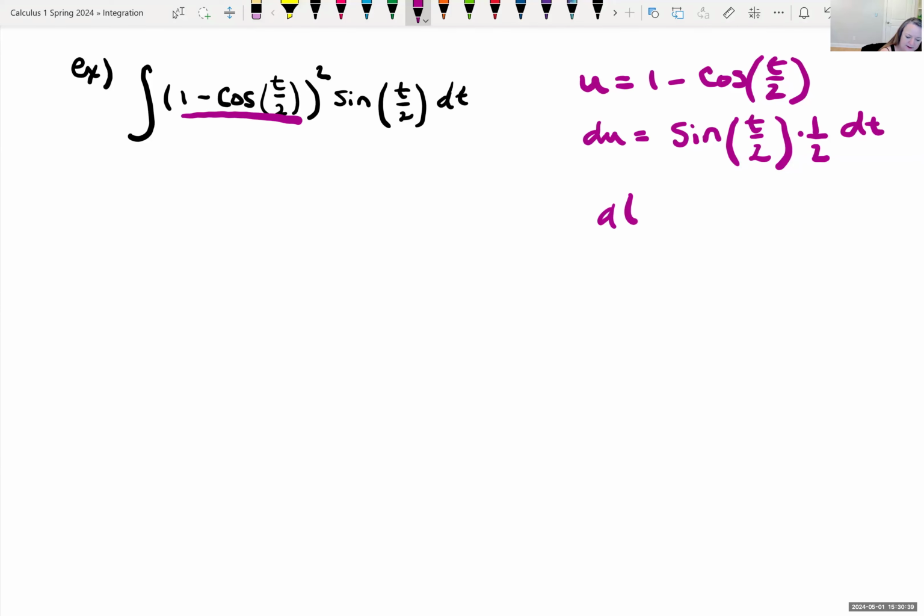So dt here is equal to, I'm dividing, so du all over sine of t over 2, and I'm going to flip my 2 up, so 2 times that.